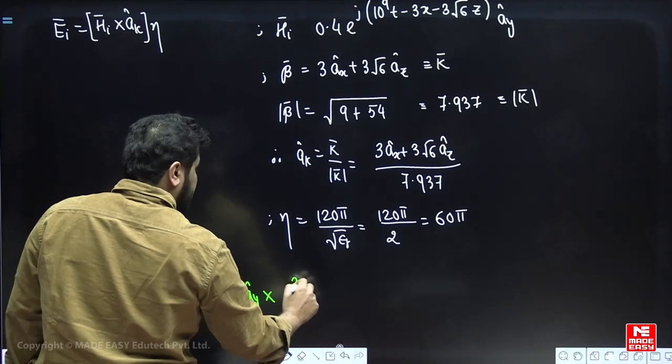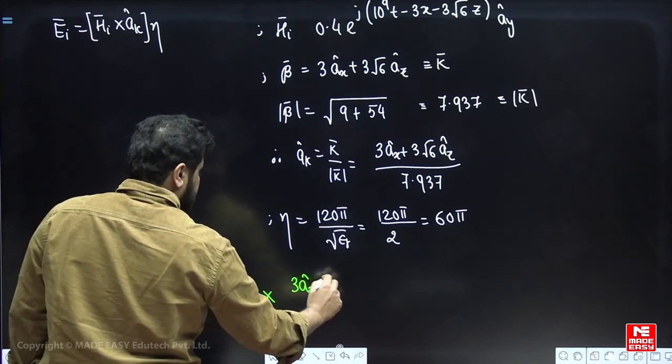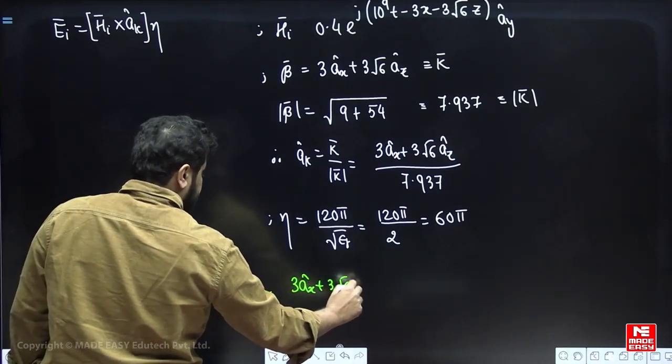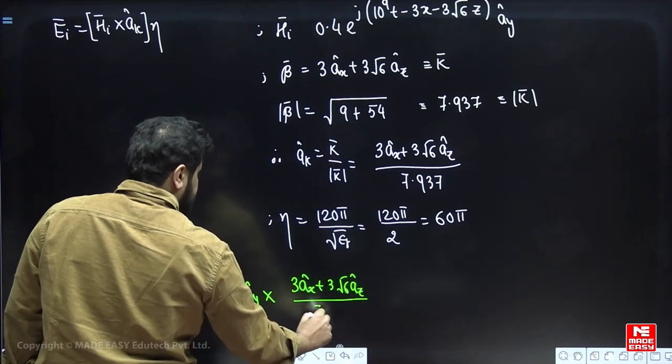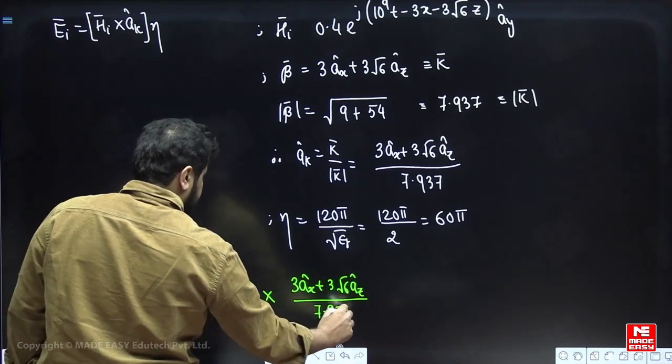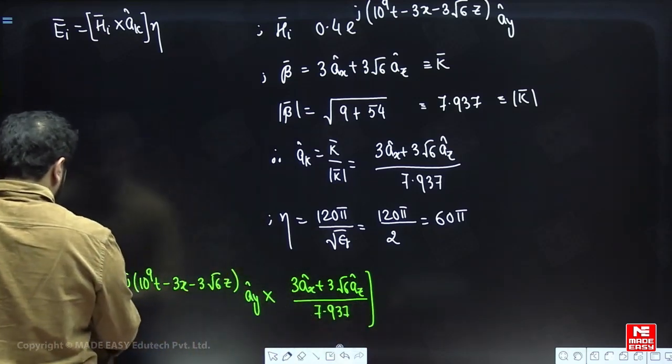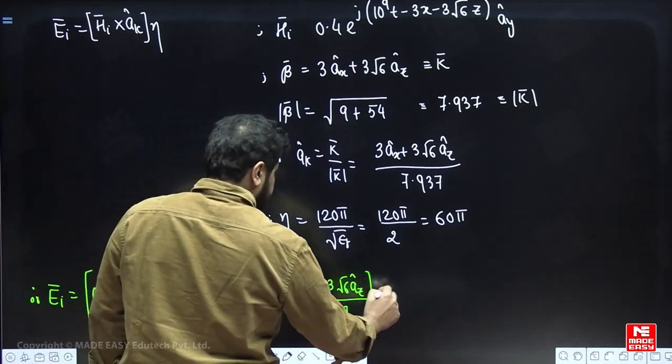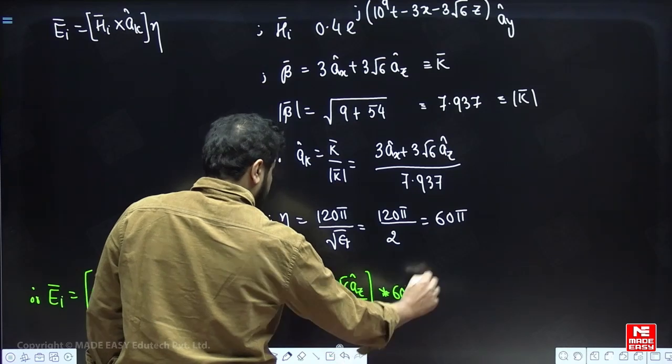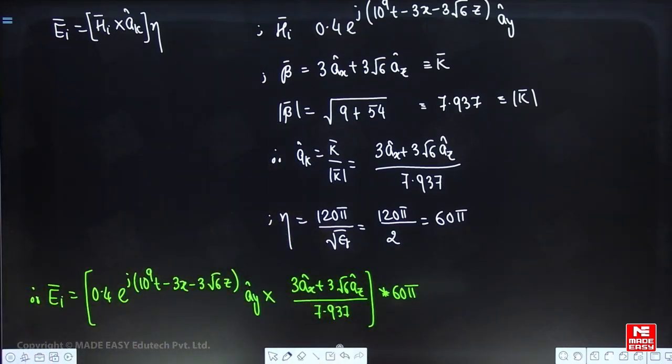AK is your 3AX plus 3 root 6 AZ, divided by 7.937 into eta. So eta is how much? 60 pi. So this is the value I am going to get.